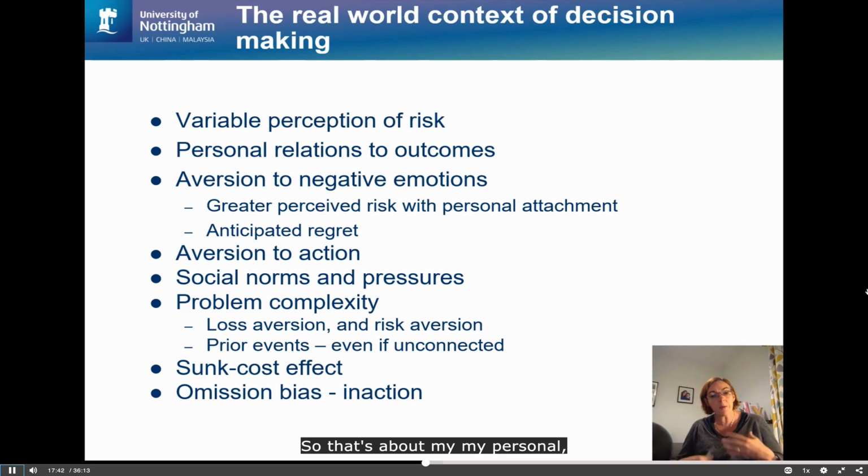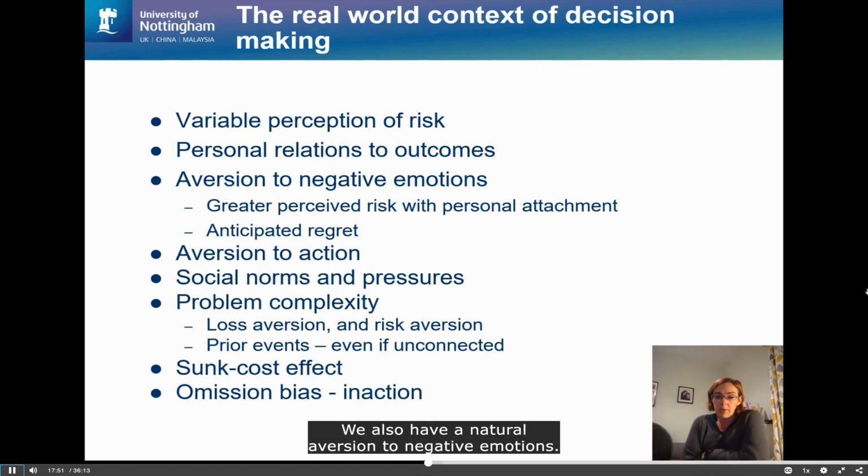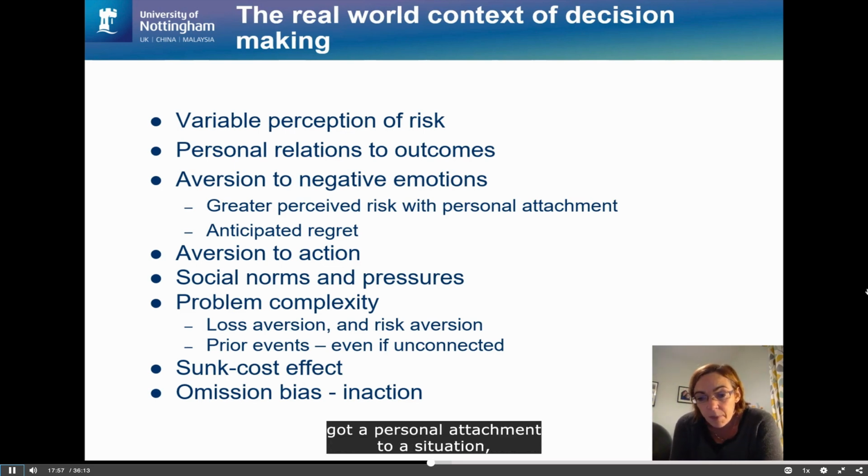So that's about the impact of that particular risk on me personally and on my family. We also have a natural aversion to negative emotions. So there's a greater perceived risk when we've got a personal attachment to a situation, or we're personally involved with a situation, but also the anticipated regret, or how awful you'd feel if you gave your family food poisoning.